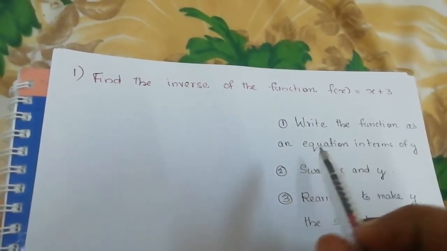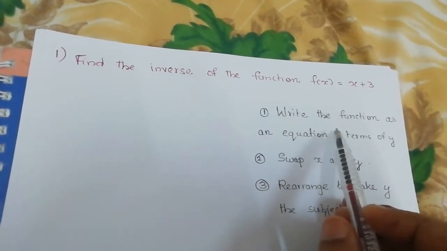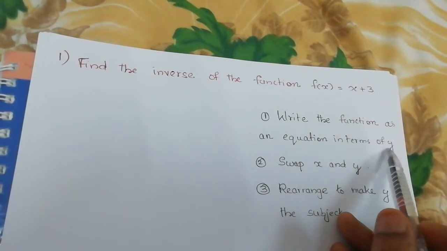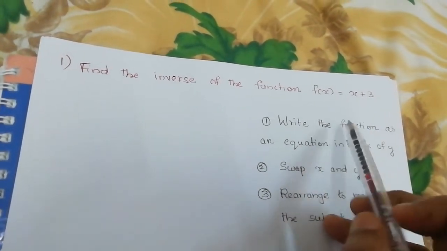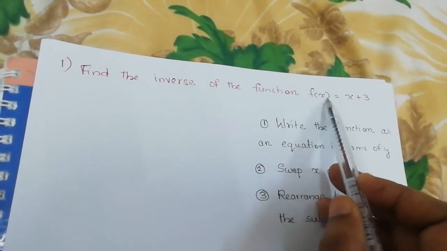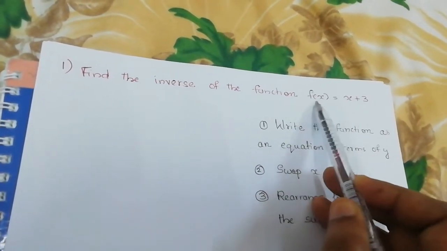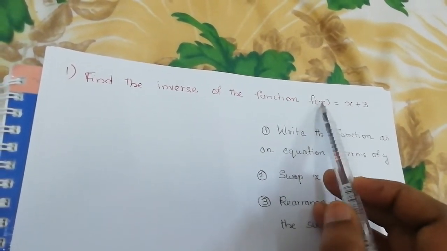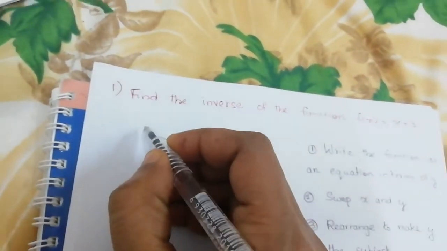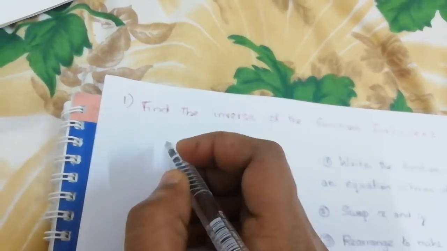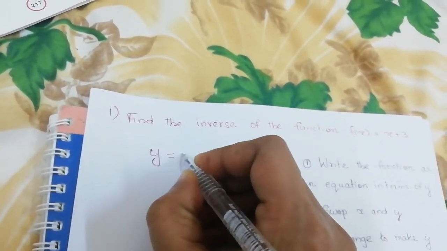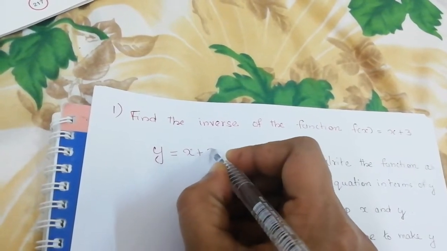The first step is to write the function as an equation in terms of y. So how do I write this function in equation form? Just change this f of x to y, and the remaining things are the same. I can write this as y equals x plus 3.